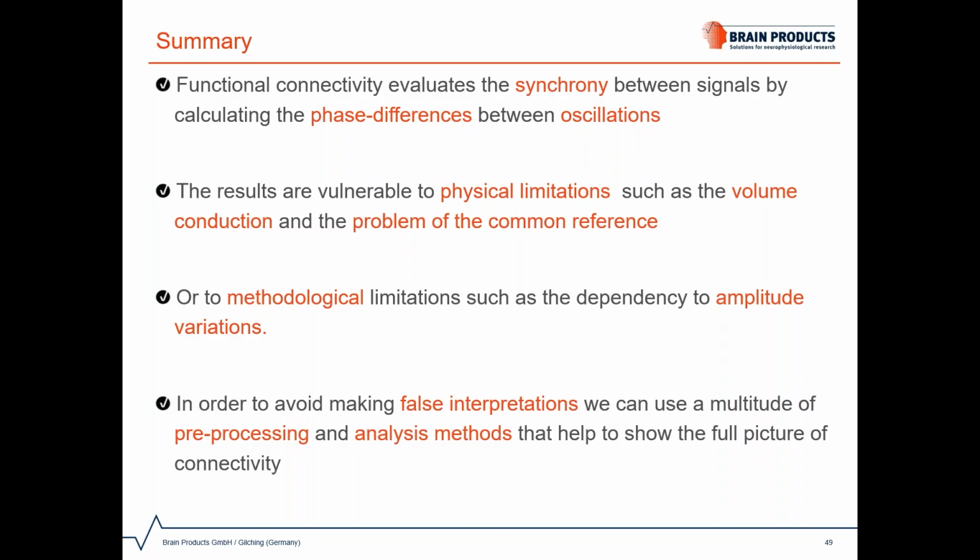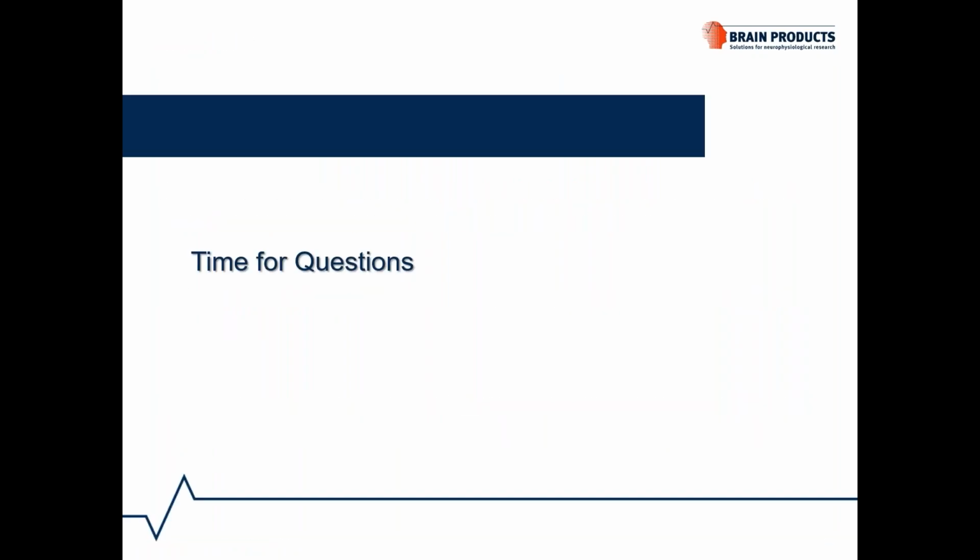In order to avoid making false interpretations, we can use a multitude of analysis methods and also pre-processing steps that help to show the full picture of connectivity. And with this, I would like to finish my presentation, and we now have some time for open questions.